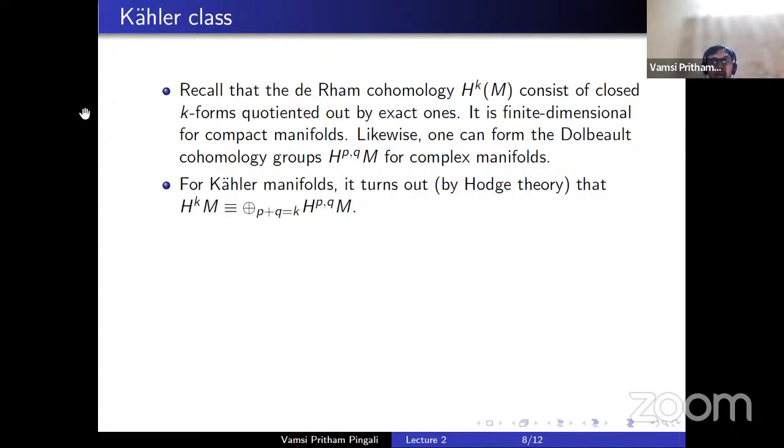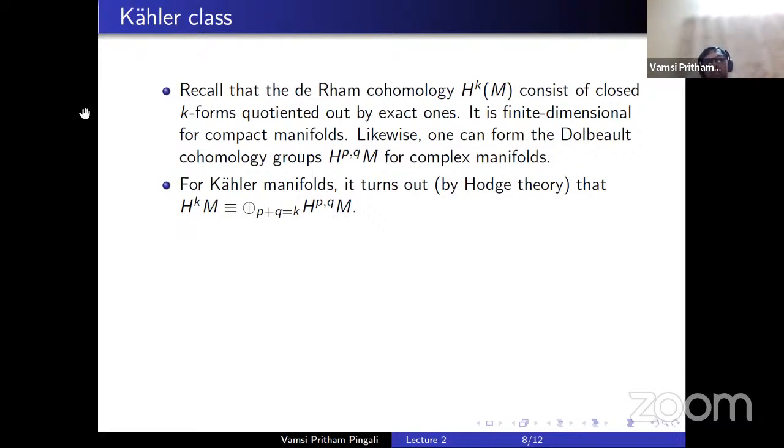Now this thing holds true even for cohomology classes. If you have a Kähler manifold, the kth de Rham cohomology group is a direct sum of the (p,q)th Dolbeault cohomology groups for p plus q equals k.